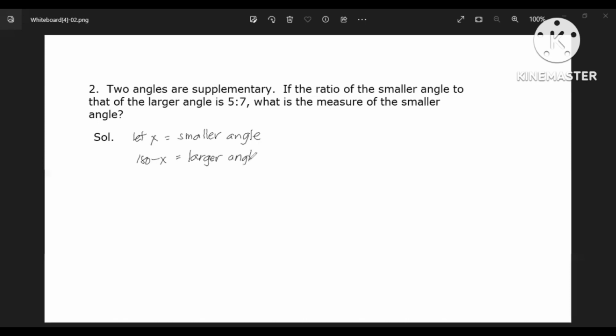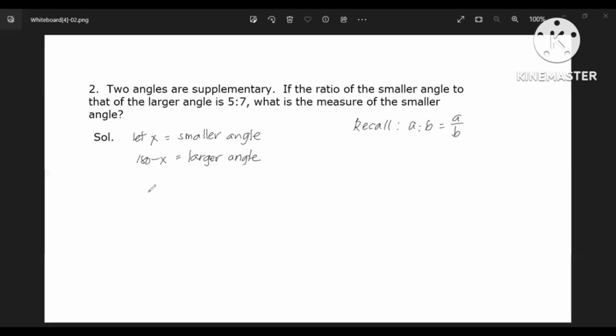Now, it's also given that the ratio of the smaller to the larger is 5:7. Now, let us recall that the ratio of A is to B can be written as A over B. Pwede natin i-convert sa fraction yan.